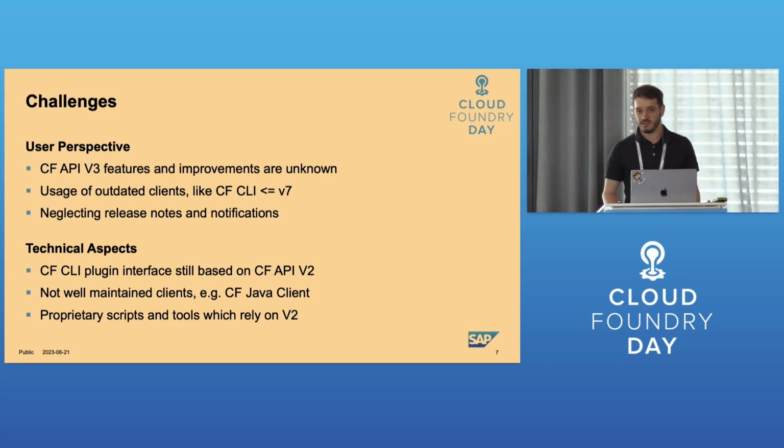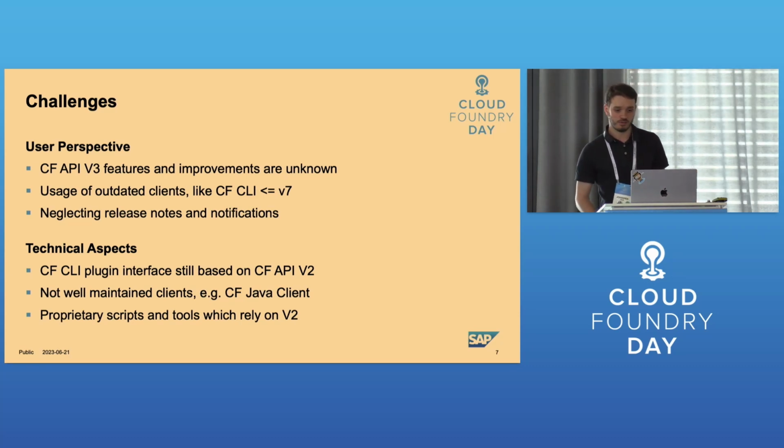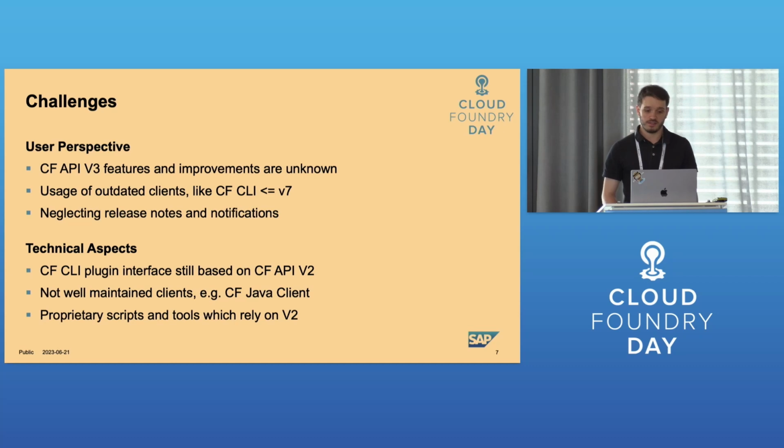In our logs, we see CF CLI version 6, version 7, and only a few CF CLI version 8. So this is a big problem. And then, although we announced the ramp down of the v2 API in July last year, so again almost 1 year ago, still some of those release notes and notifications just don't end up with the users, and they're not aware of those changes.